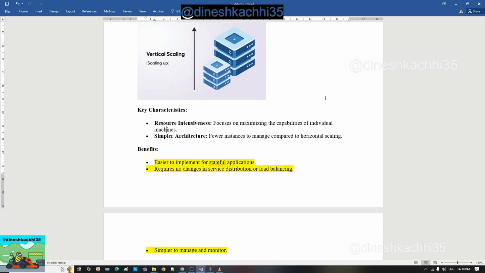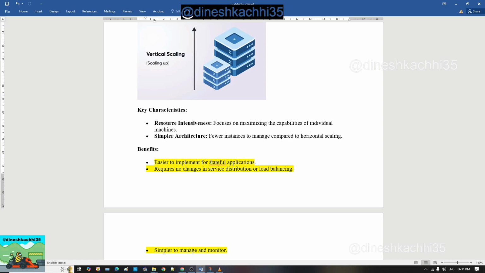So what are the benefits of using vertical scaling? There are so many benefits. It is easier to implement for stateful applications. See, horizontal we use for stateless and this we use for stateful. This is a very important concept.